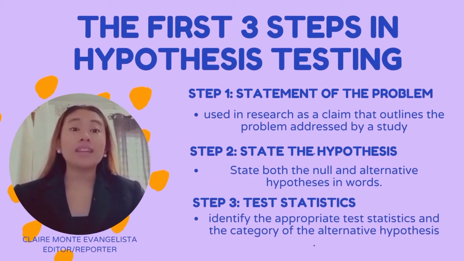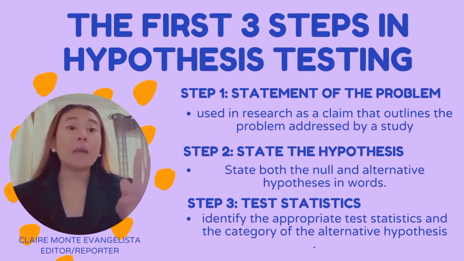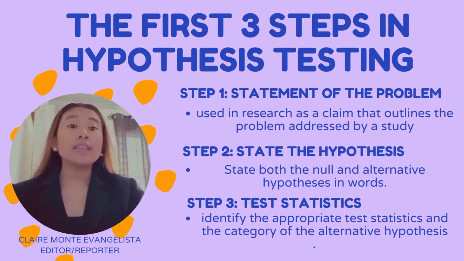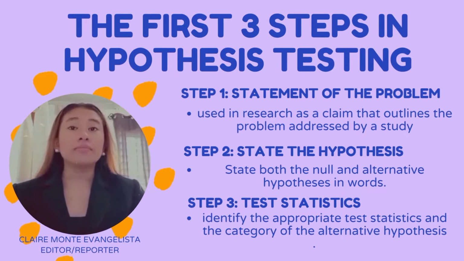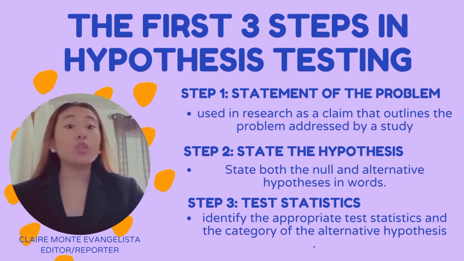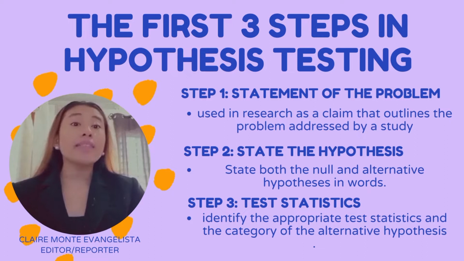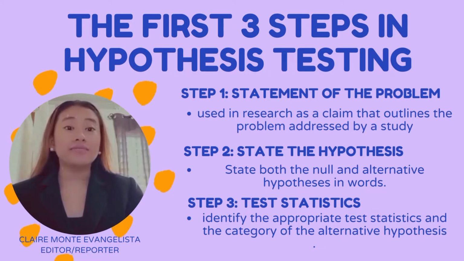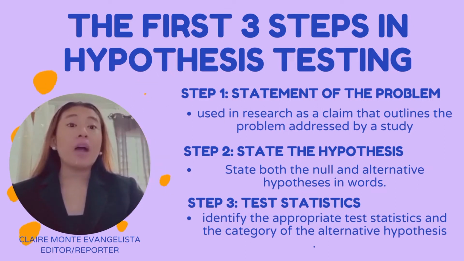Now, let us proceed to the first 3 steps in hypothesis testing. Step 1. Statement of the problem. This is used in research as a claim that outlines the problem addressed by a study. Step 2. State the hypothesis.